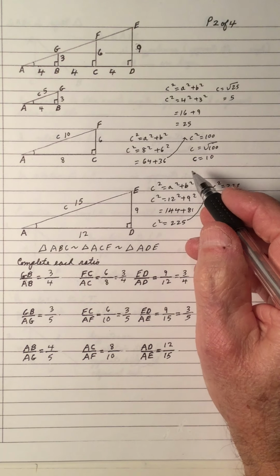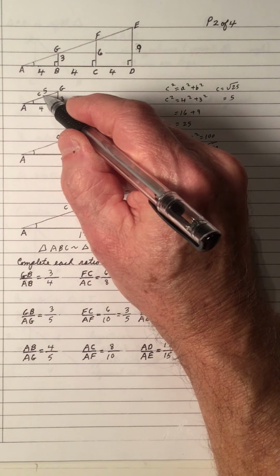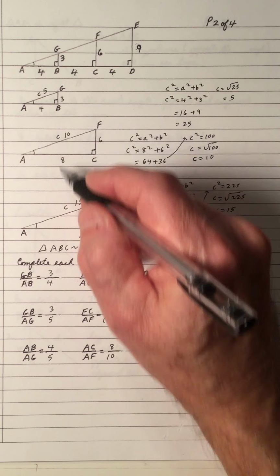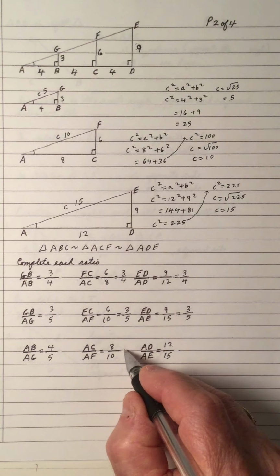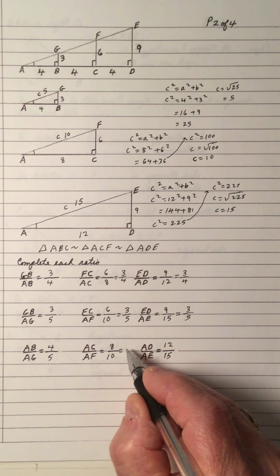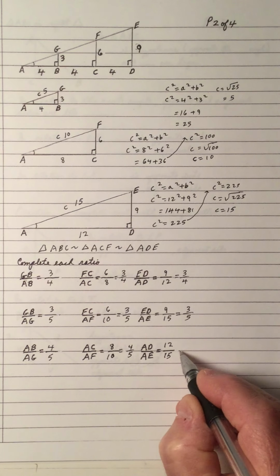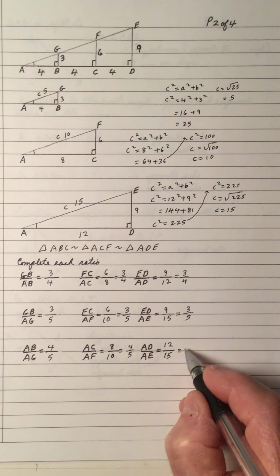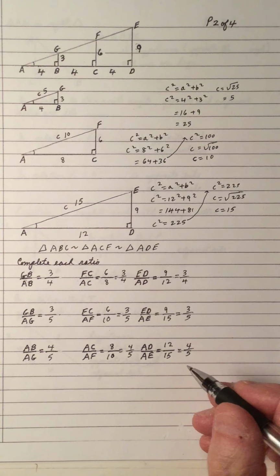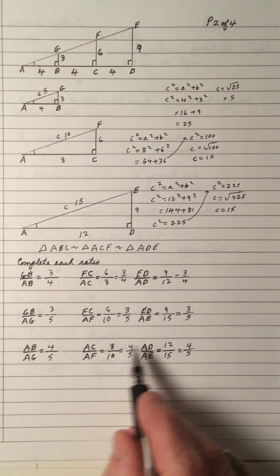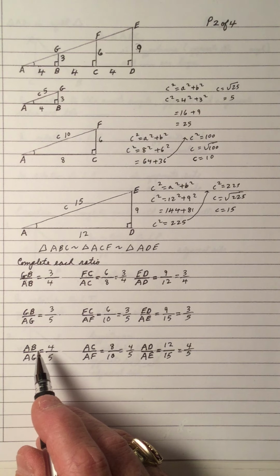So notice we picked this side with the hypotenuse, this side with the hypotenuse, this side with the hypotenuse in terms of this angle A. So 8 over 10, divided by 2, reduces to 4 over 5. And 12 over 15 reduces to 4 over 5 because you divide by 3. So notice all these ratios are the same because we're dealing with similar triangles.